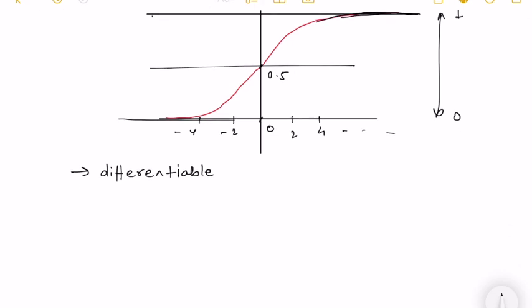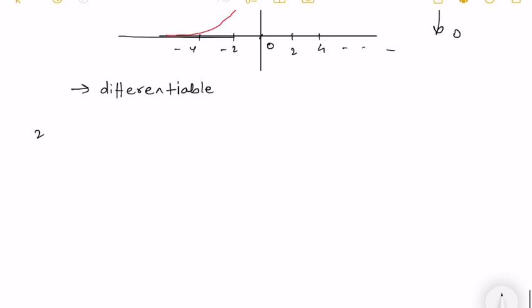right? All right. Another activation function that is common is called the rectified linear unit, or ReLU for short. It's called the rectified linear unit.